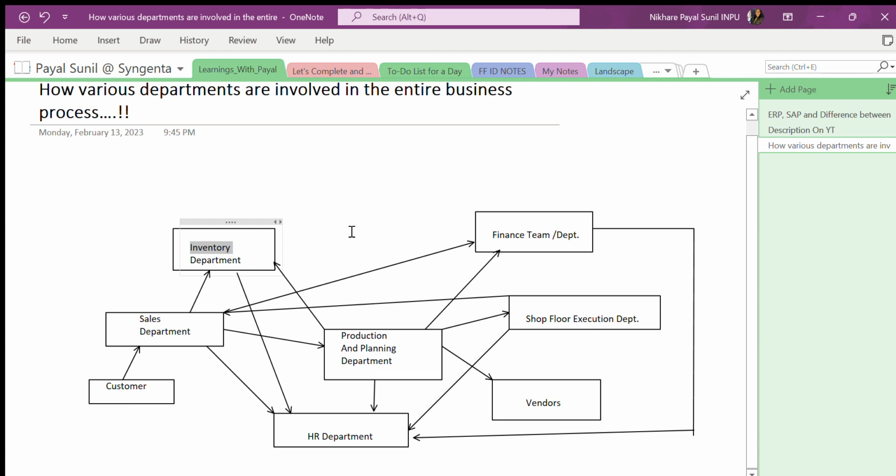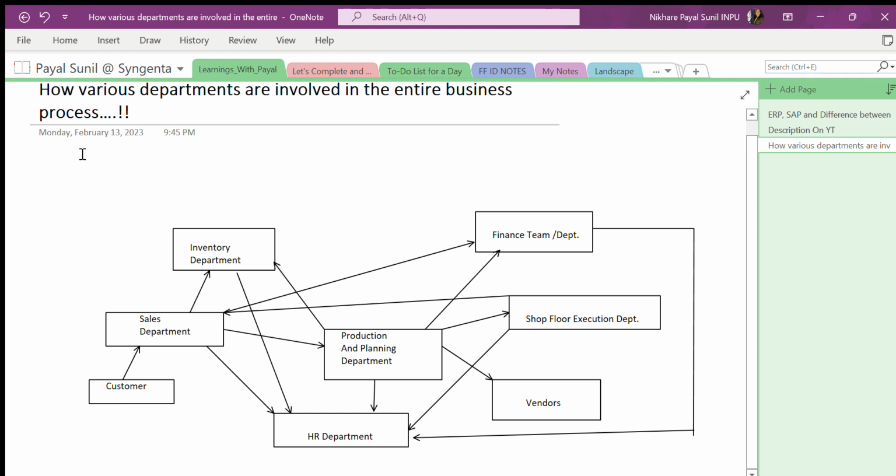But if we have a central platform wherein we can see the data and information for all the departments, it becomes very easy to access that data and to know about the availability of product, availability of raw material and other things as well. So this is the common process which a normal business follows.